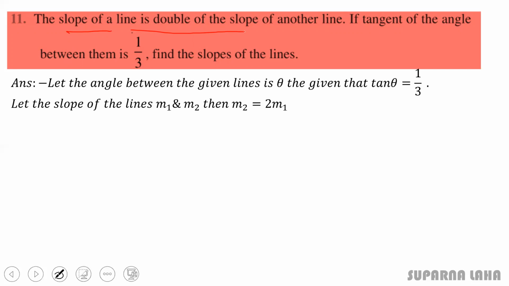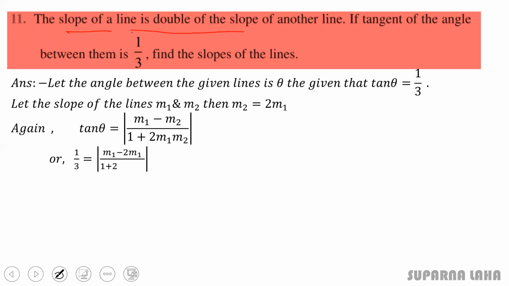You know the formula between tan theta and m1, m2. So we can write tan theta equals the modulus of (m1 minus m2) by (1 plus m1 m2), or m2 minus m1. Since we are using the mod sign, it doesn't matter; you can write m1 minus m2 or m2 minus m1. So put the value 1/3, and this will be (m1 minus 2m1) by (1 plus 2m1 into m1).